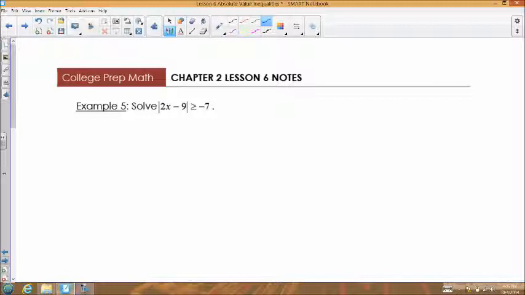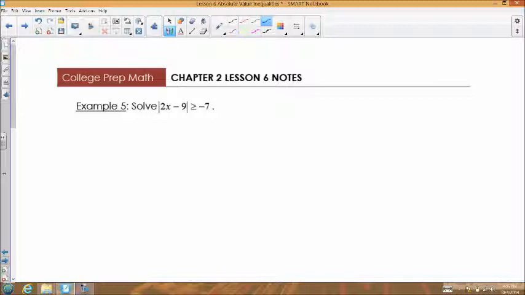So this example here, if you actually went to solve it, you would see that your solution is going to be always true. But the shortcut is, if I look at this, we're saying that the absolute value is greater than or equal to a negative number. This is always going to be the case because absolute values are always equal to 0 or positive.